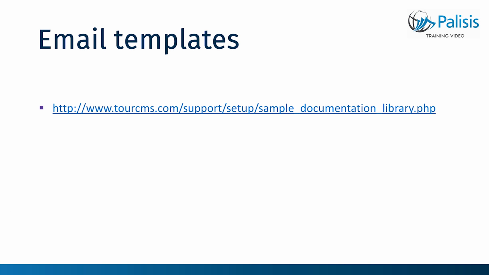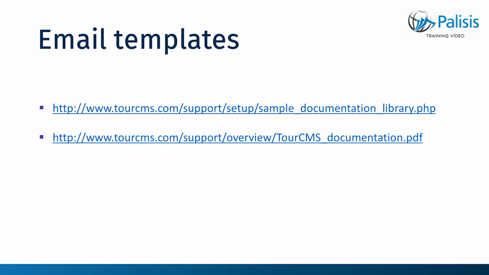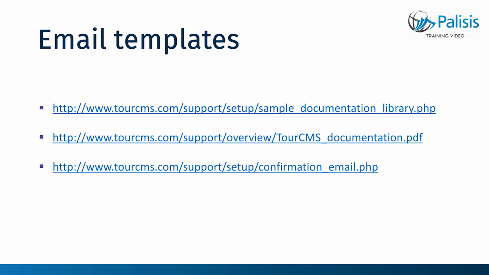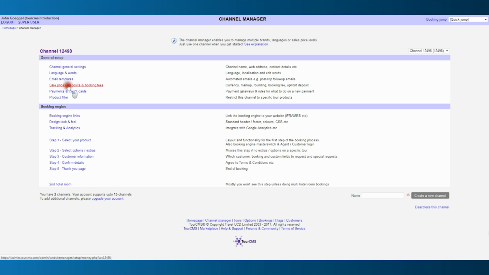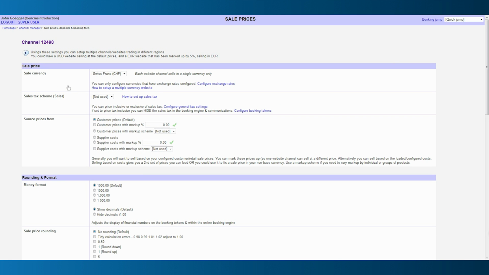If you want to know more about this, please head to those 3 links. They explain very well how this works, and again, if you should get stuck, feel free to drop us a support request. The next bunch of settings are sales prices, deposits, and booking fees.